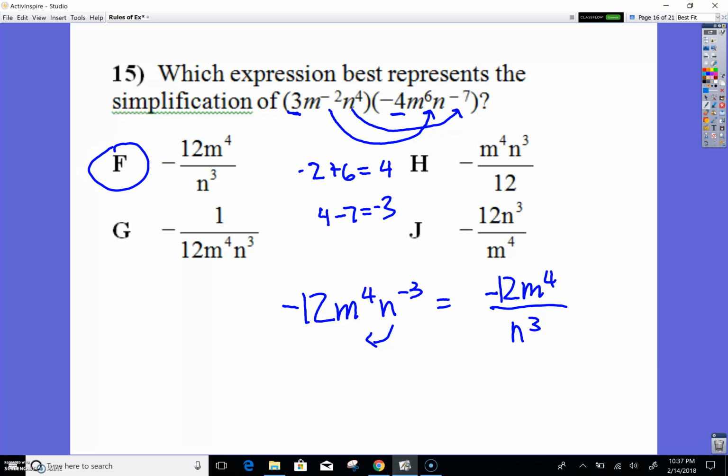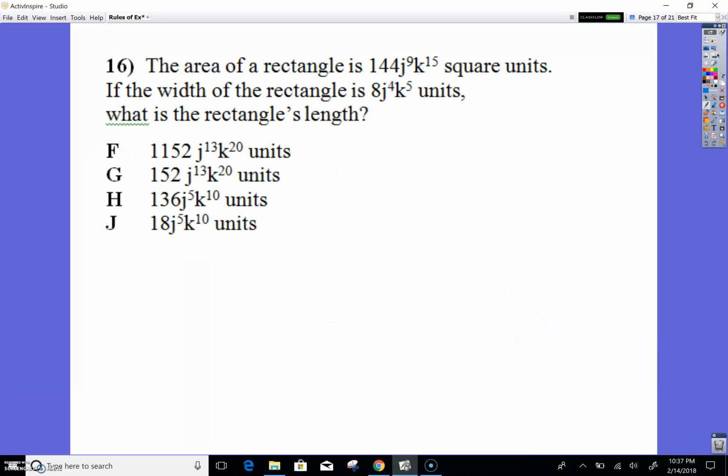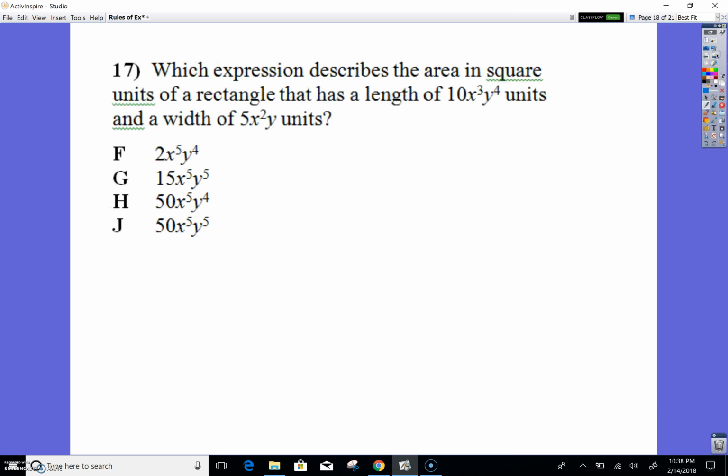Okay, we got a couple more. All right, go ahead and try this one. Remember, they give you the area, okay? Okay, this time they give you the length and the width, so you need to find the area.